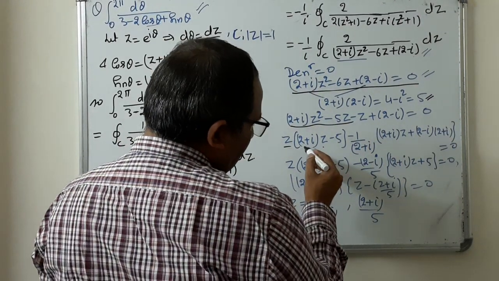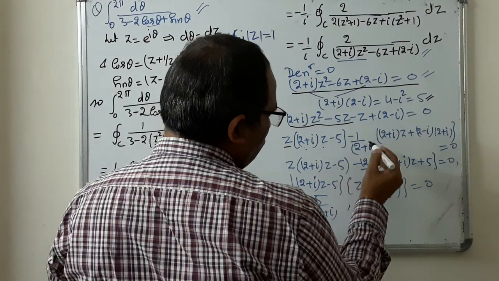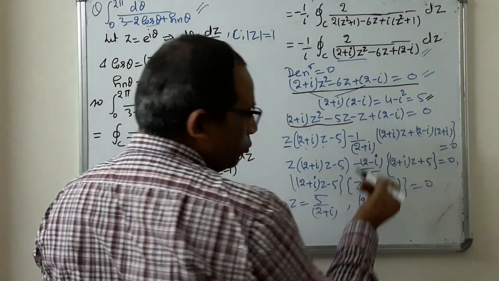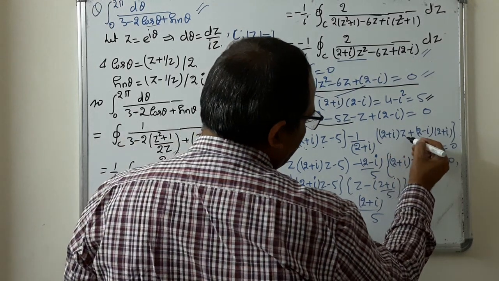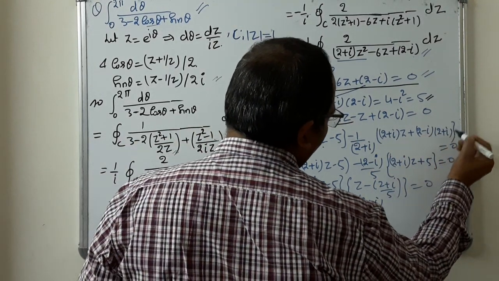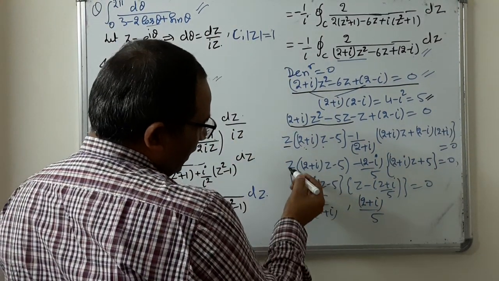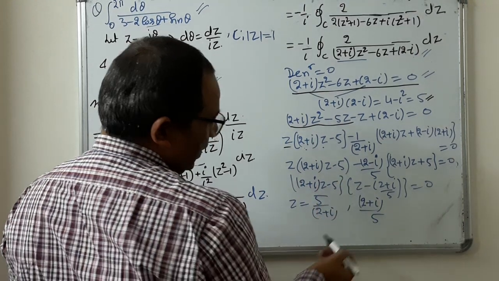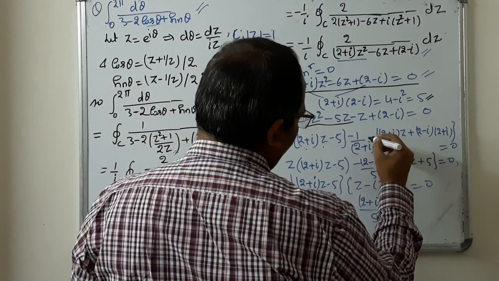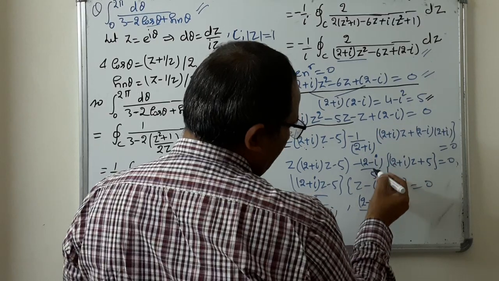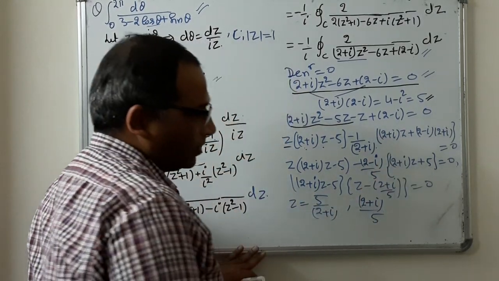Because we want to convert (2 plus i)z minus 5, we multiply by (2 plus i) and divide by (2 plus i). We get (2 plus i)z plus (2 minus i)(2 plus i) over (2 plus i). From it we get z times ((2 plus i)z minus 5), and this other term is (2 minus i) upon (2 plus i)(2 minus i), that is 5.